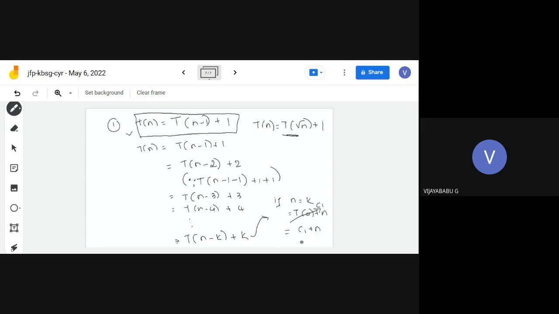This is n, so we can say that this is order of n. Like this, we can solve these kinds of recurrence relations, T(n) = T(n-1) + 1, T(n) = T(n/2) + n, by the repetitive substitution method. And now we come to how to solve the other kind of recurrence relation.